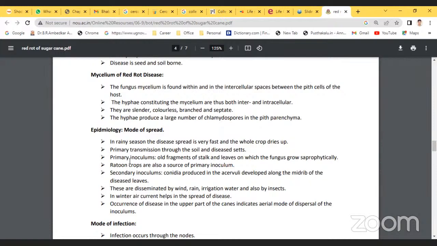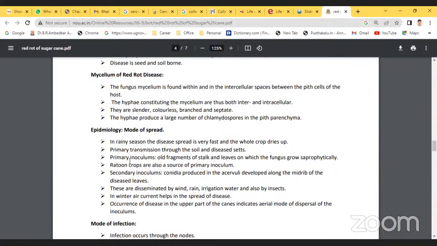Generally this fungus is a saprophyte. After cultivation of sugarcane, some farmers cut the cane and the base part remains in the soil. Sometimes farmers burn these fragments of stalks. Sometimes there is no crop rotation: if sugarcane is cultivated this year, they cultivate it again the next year.